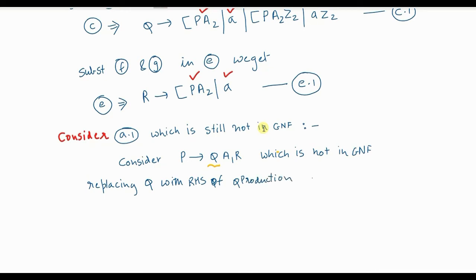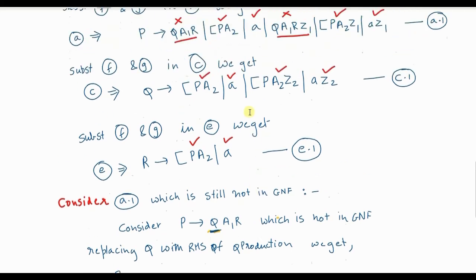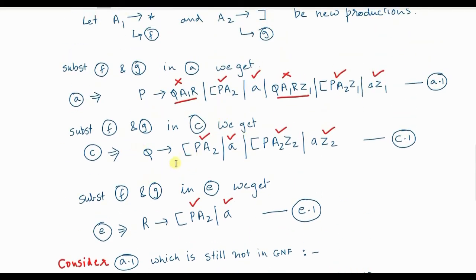Okay, we get what we get. So wherever there is Q, replace it with the right hand side of Q production. So first, this Q will be replaced with the first term of the Q production. What is the first term of the Q production? This is the Q production, the latest one.